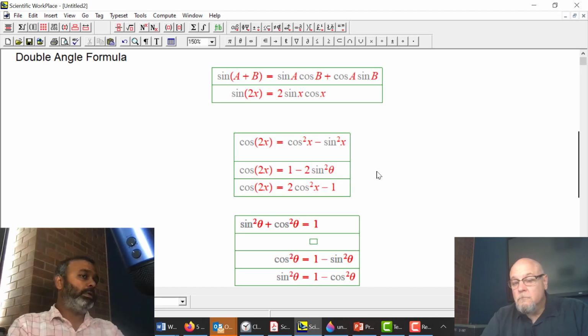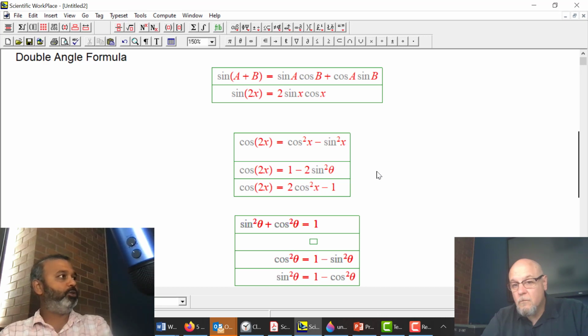The more problems you do involving these, I don't want to say memorizing, but it becomes second nature to get these formulas.